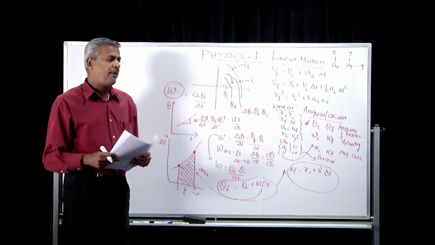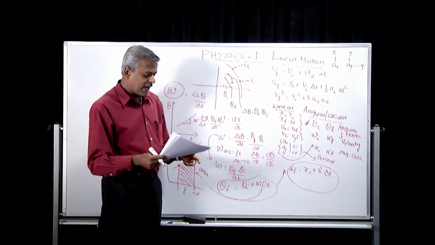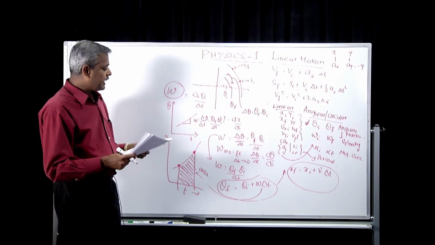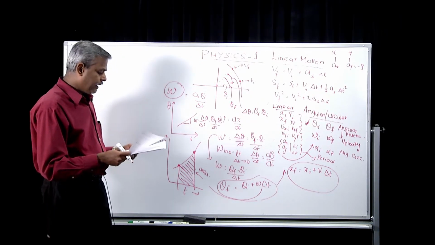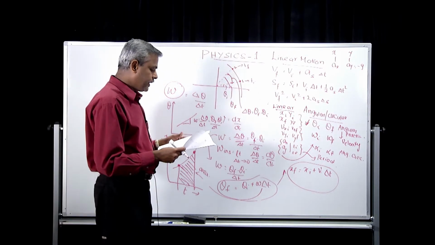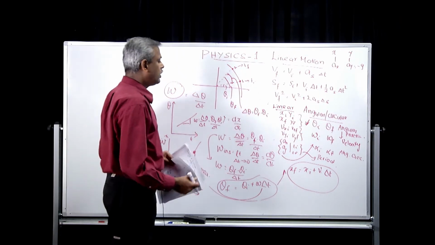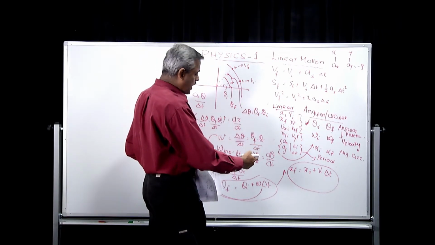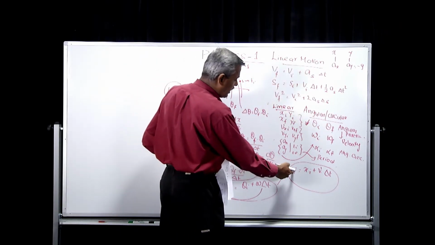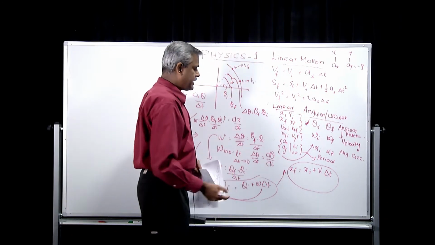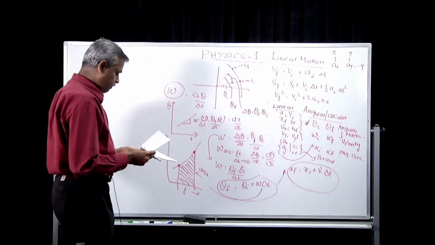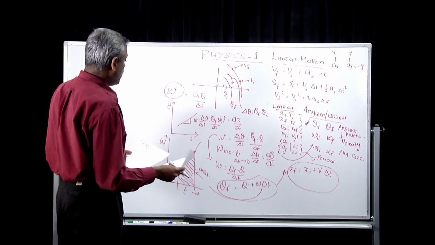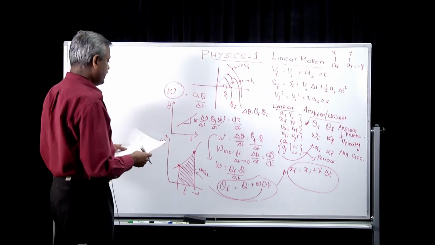Sometimes in a problem you can look at the graph and say that omega times delta t is your area under the curve, that is theta f minus theta I. That is why I say you can find the same relation in angular position as in linear position. That is about your positional coordinates.